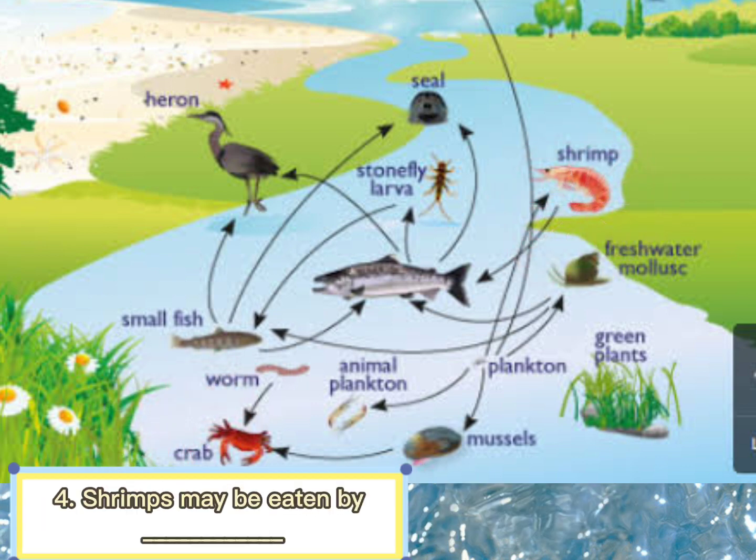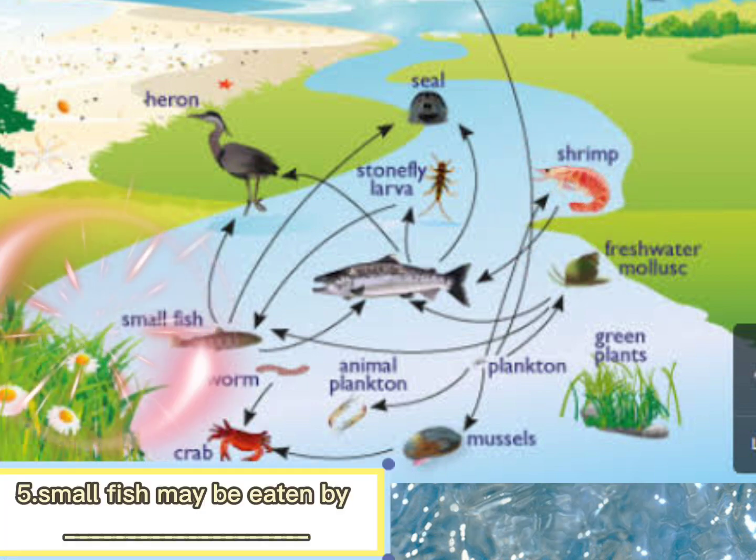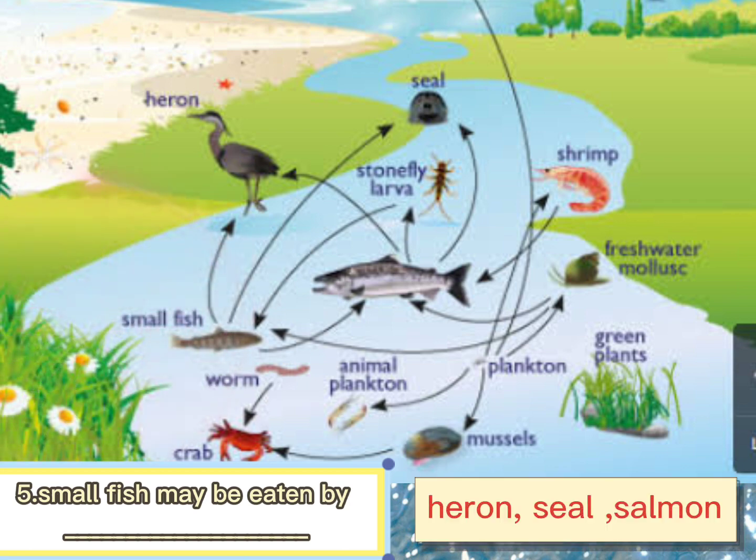Number 4. Shrimps may be eaten by blank. Yes, salmon. Lastly, small fish may be eaten by blank. Heron, seal, and salmon.